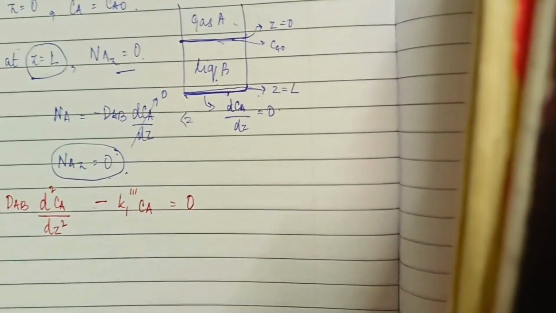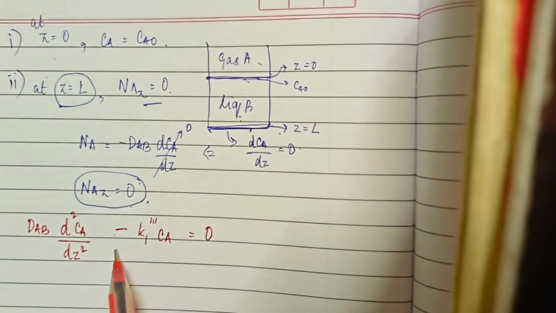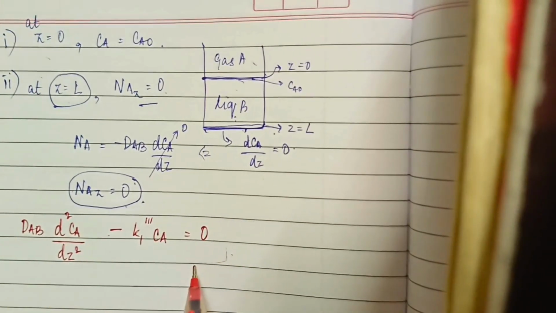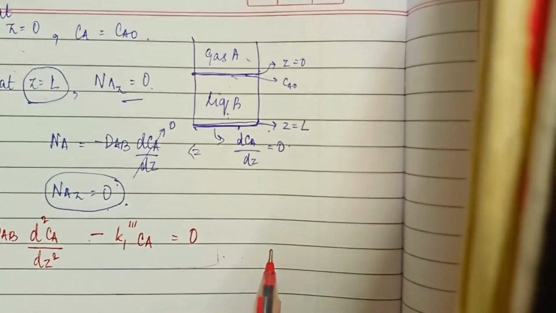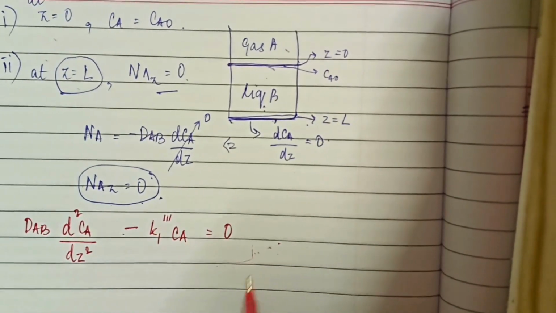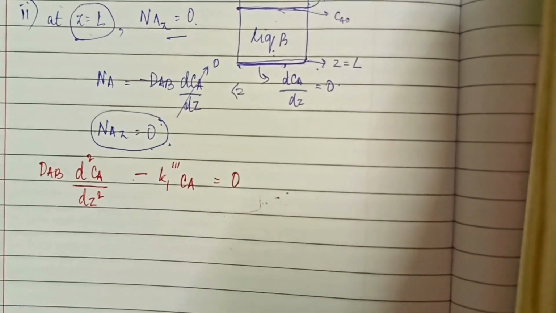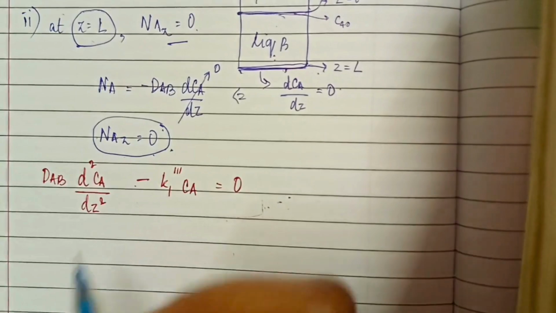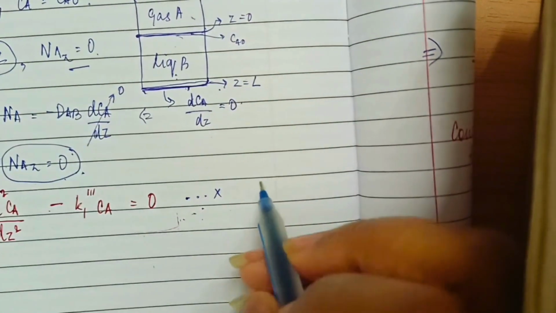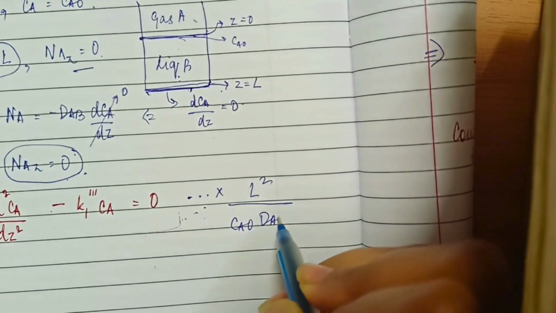Now we see that on putting these two boundary conditions, we get a lot of variables, due to which solving this differential equation becomes quite difficult and tedious. So in order to simplify it, we multiply the whole equation with a term of L square upon CA naught into DAB.